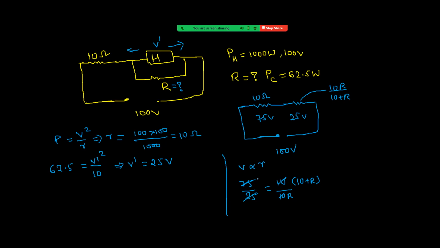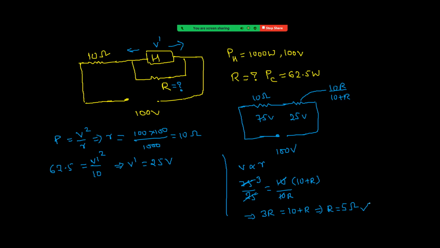This is now here 3 times. Therefore, it is now 3R equal to 10 plus R. That implies 2R equal to 10. So R equal to 5. So this is the resistance we have to connect so that across the combination, potential difference will be 25 volt. For this potential difference, it will consume 62.5 watt. Okay. So this is the answer, right?